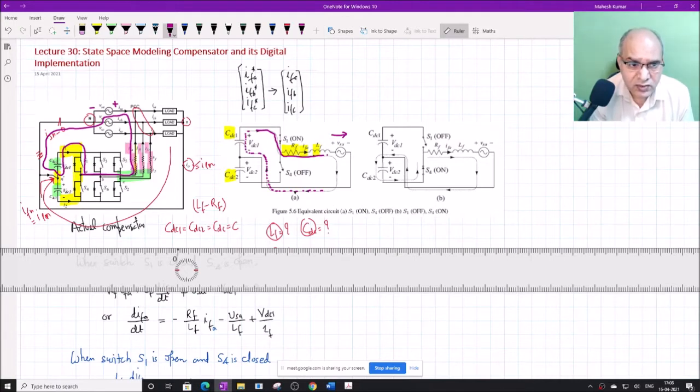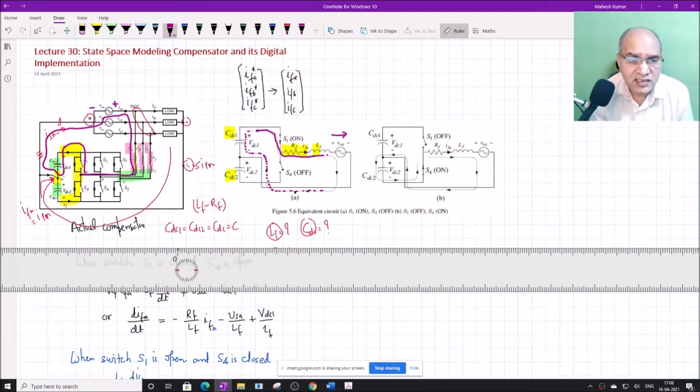Since they are connected to the same leg, the two cannot be on at the same time. So when S1 is on, S4 is off. When S4 is on, S1 is off. So they are in a complementary mode. Otherwise, it will make the DC link capacitors short circuited. So two cannot be on at the same time. Therefore, they are in a complementary mode.